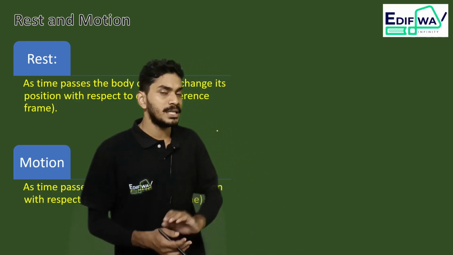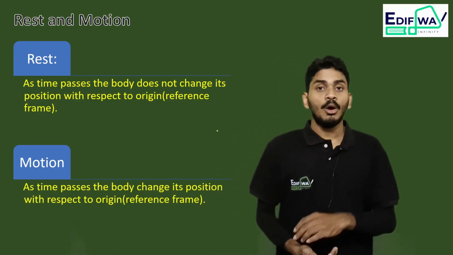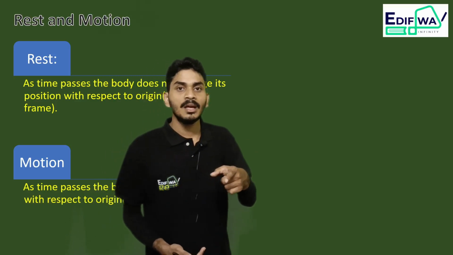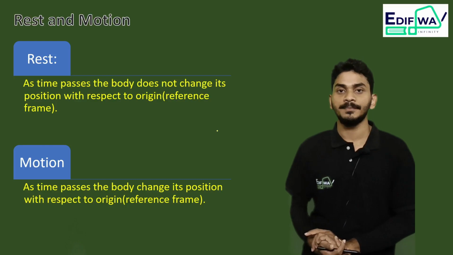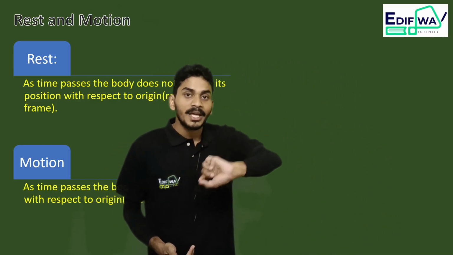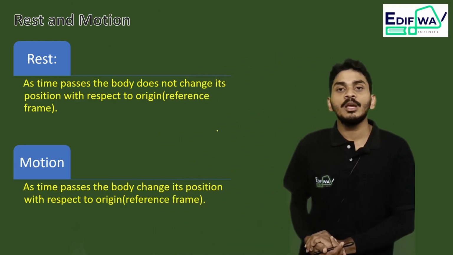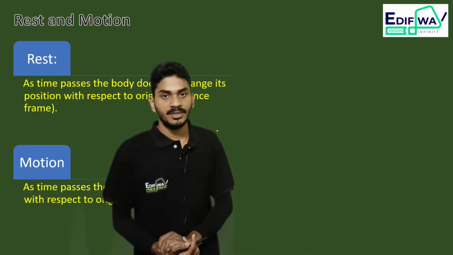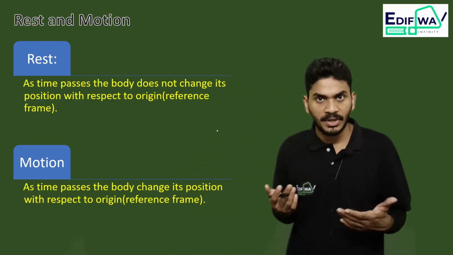You may tell that my school is located in a place A. Or more clearly, you may tell my school is 300 meters from the town A. So you are referring to the town A, and from there you are telling the distance to your school. So your town A is the origin. The town A is your frame of reference. So we can choose anything in our surroundings as the origin or frame of reference.